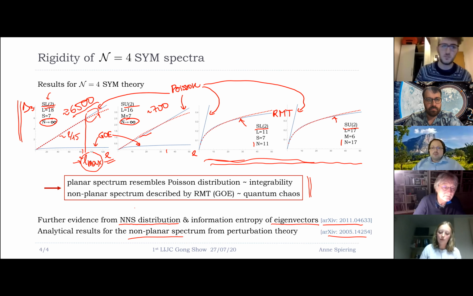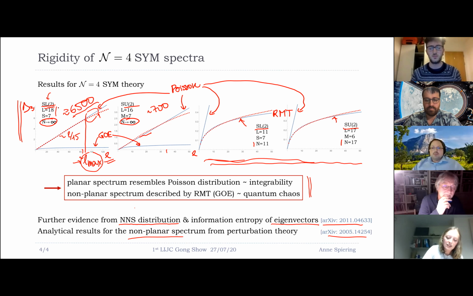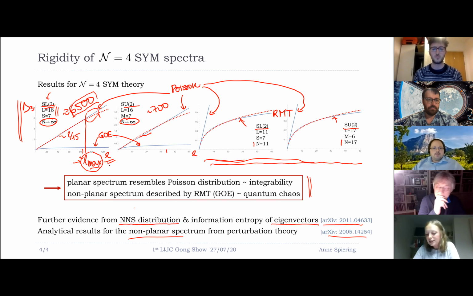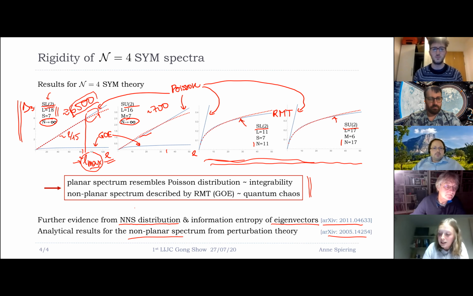This L max depends on the degrees of freedom in the system, so if we look at other sectors with smaller or bigger Hilbert spaces, this will change the L max that we find. In the non-planar case, Berry also says that it should saturate, but here we find that it goes up. So this is probably more of a statistical problem.